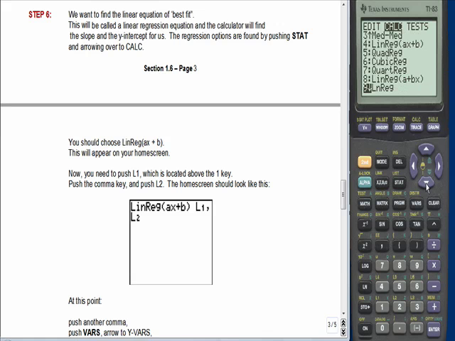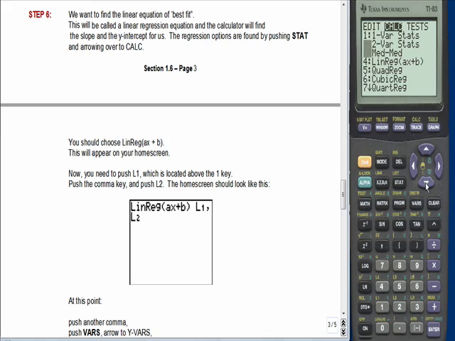Number 9 is natural log regression, 0 is exponential regression, A is power regression, then we have what's called logistic regression, sine regression, and then we go back to the beginning.